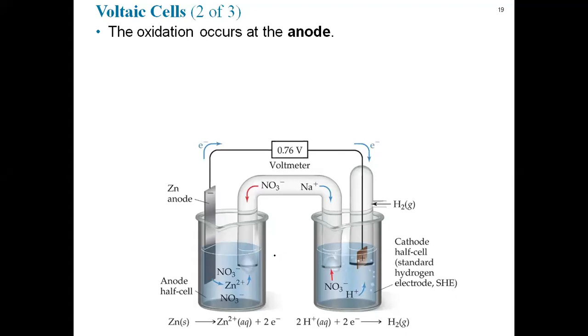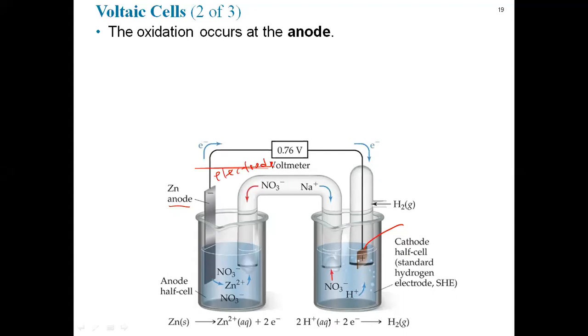So in this voltaic cell, we have two electrodes. This electrode is called the anode, and this is called the cathode, and here is a piece of metal. You can use anything that's not actively involved in this reaction.